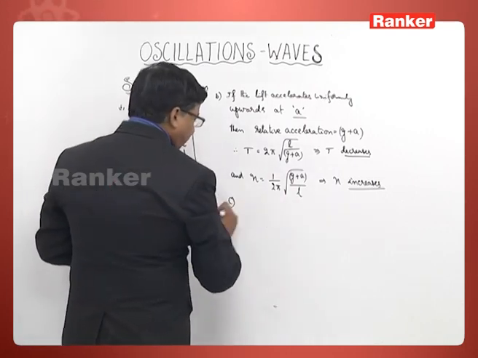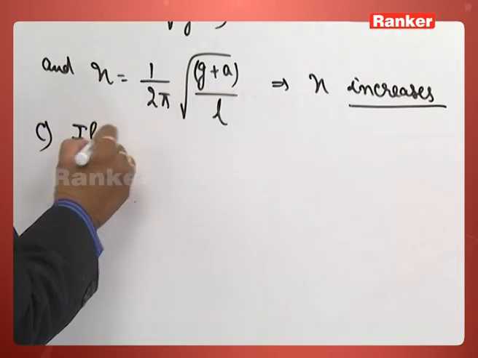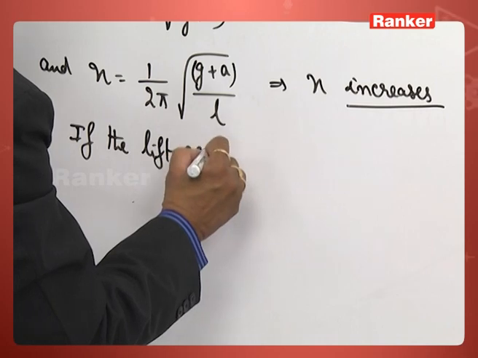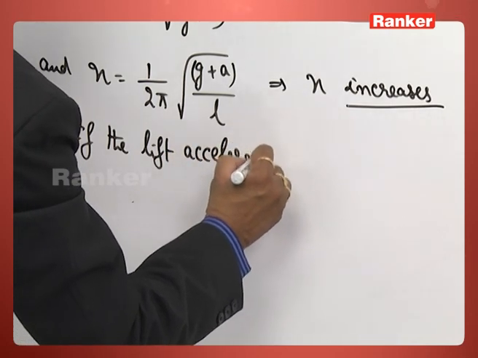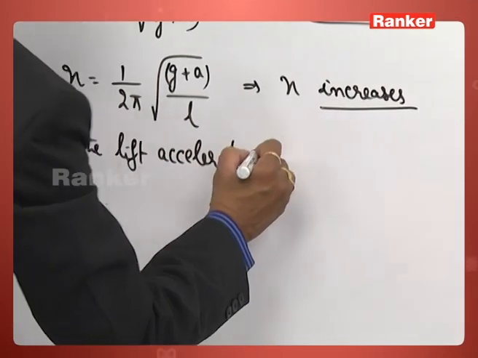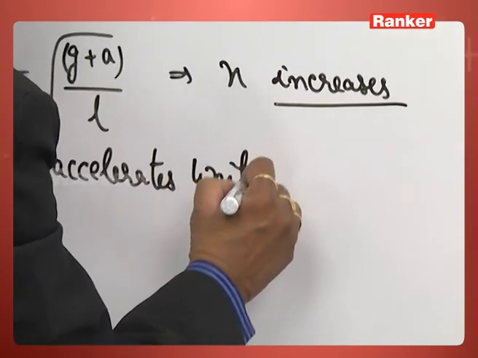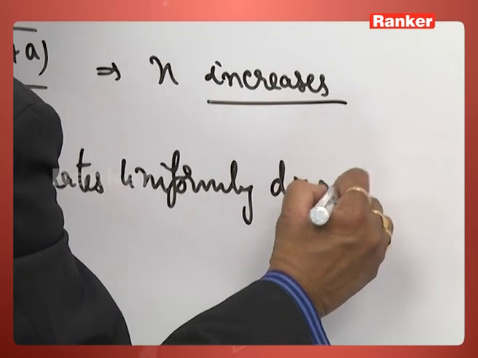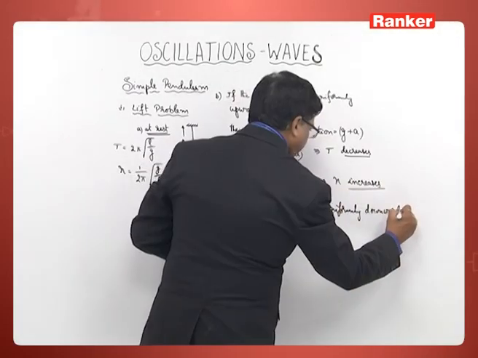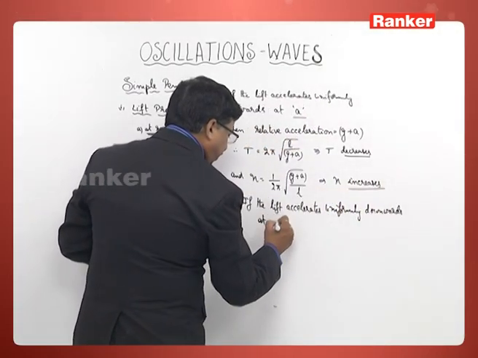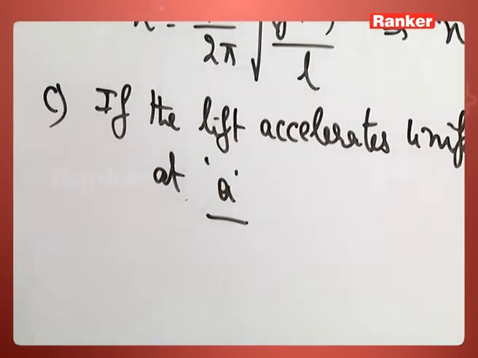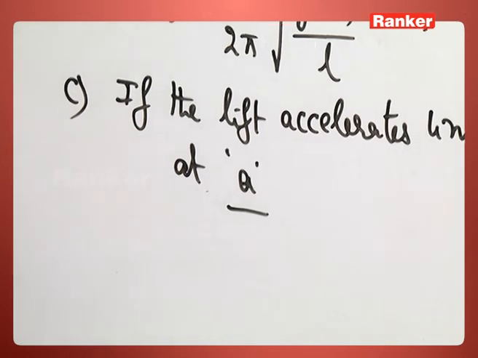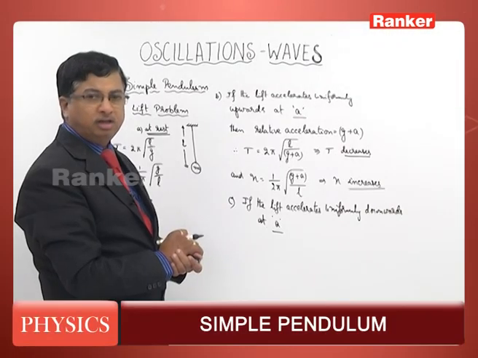Come to the third one. If the lift accelerates uniformly downwards, once again at a, we are considering the same acceleration, but the direction of its motion is opposite to that of the earlier case.